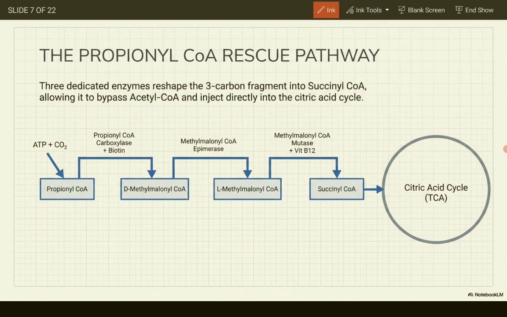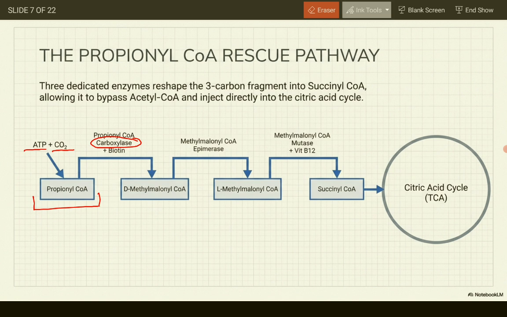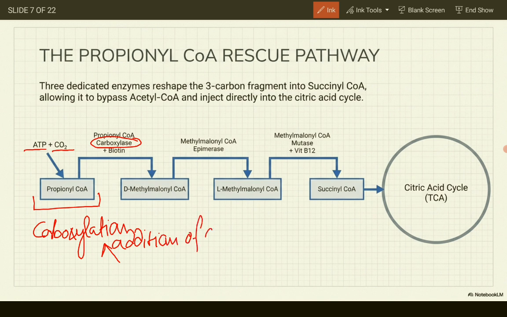So how will that happen? Here is propionyl CoA. It will use an ATP and carbon dioxide and undergo carboxylation. What is carboxylation? Carboxylation is the addition of one carbon, either through carbon dioxide or a carbonate molecule.